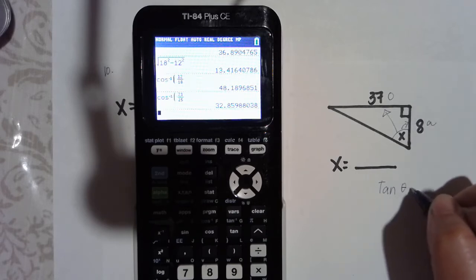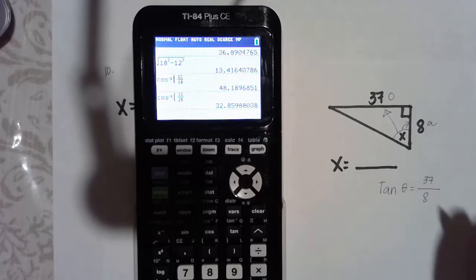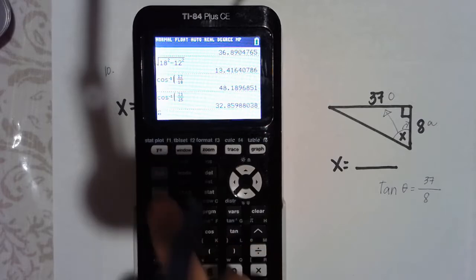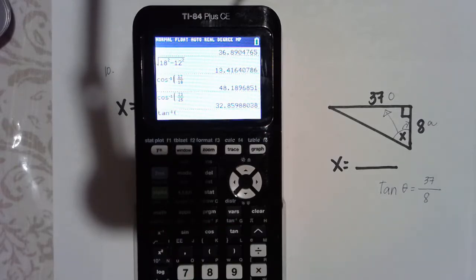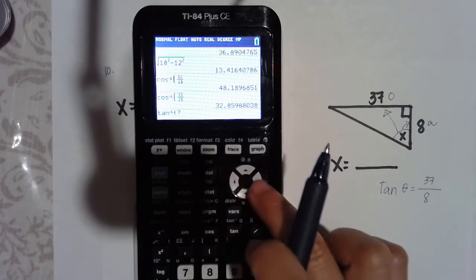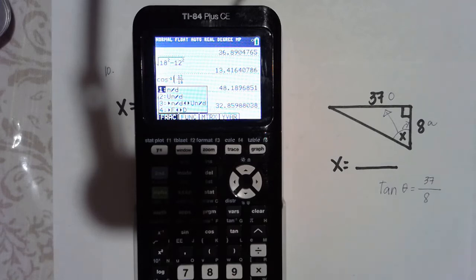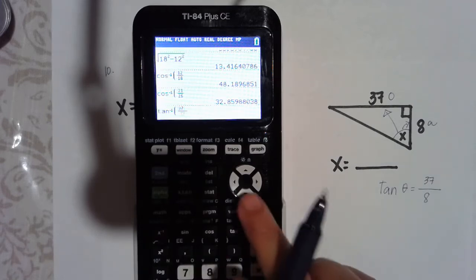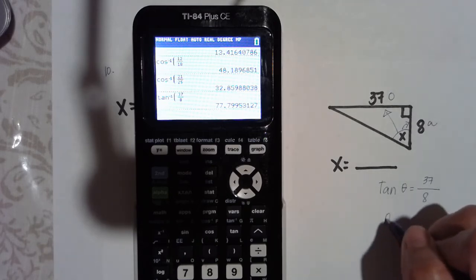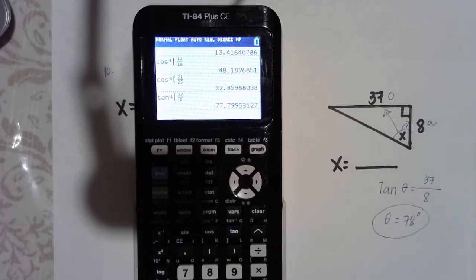Tan of unknown angle is equal to opposite, which is 37, over adjacent, 8. So second tan 37. Oh wait, hold on. That should be alpha y equal. So that is 37 over 8 equals 70 degrees. I round it off.